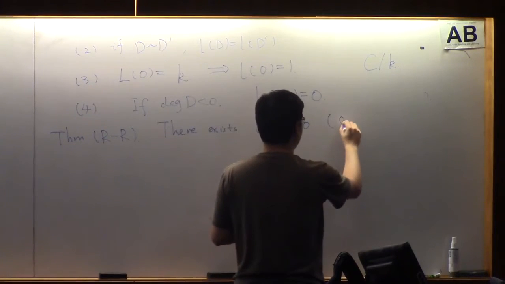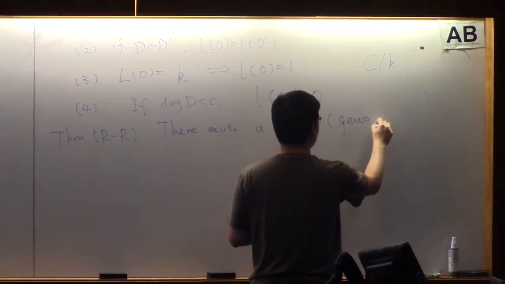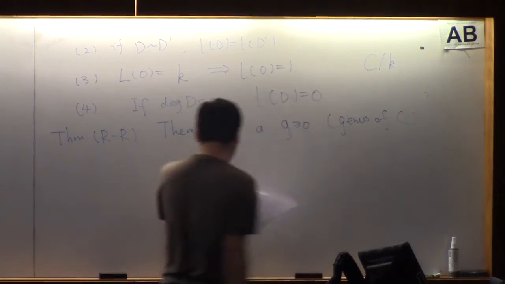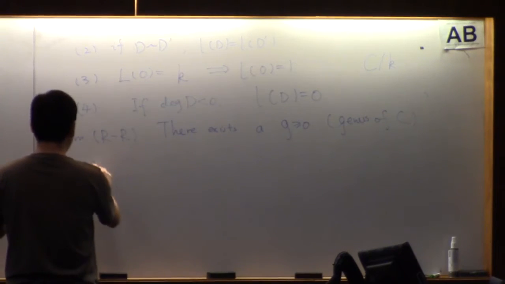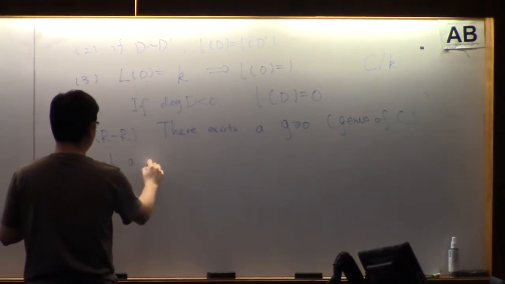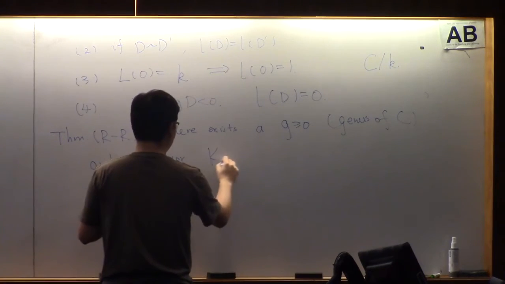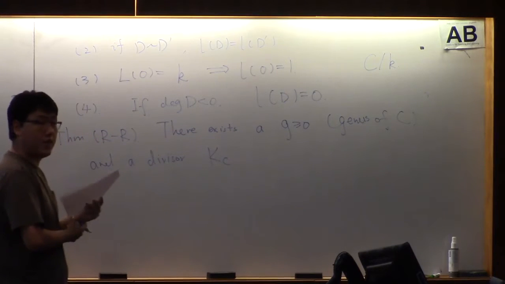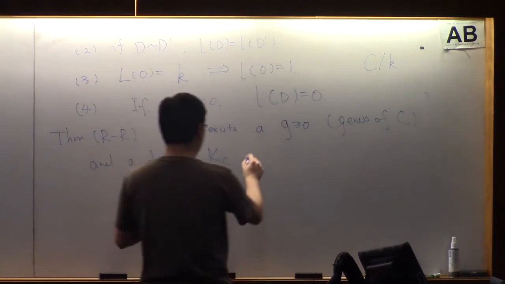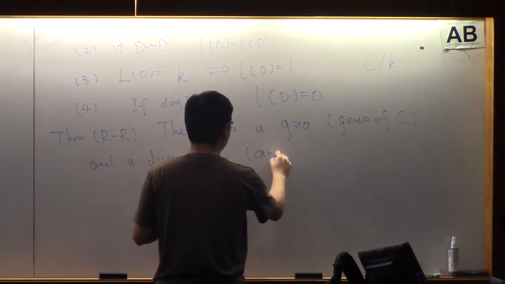This is called the genus of the curve. And a divisor Kc. This is called the canonical divisor.